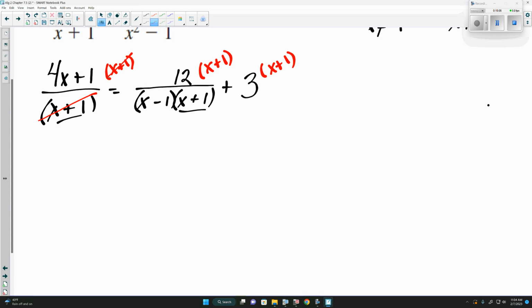In the middle one, the x plus 1 would cancel with the x plus 1, and the 3 does not have a denominator, so nothing would simplify. Is there anything else we need to multiply through by? x minus 1. Because our middle term, the x minus 1 would cancel with the x minus 1.